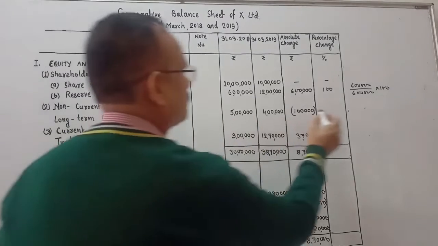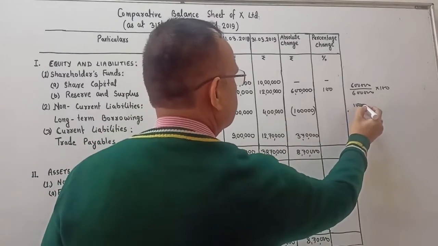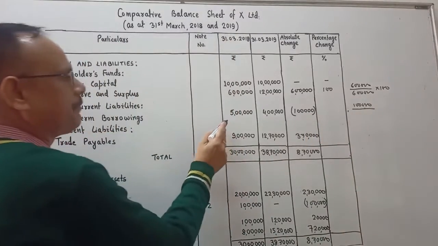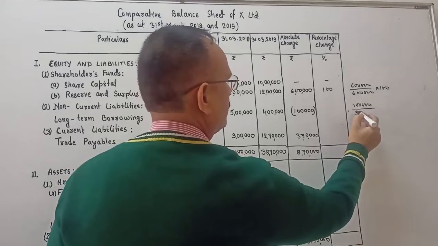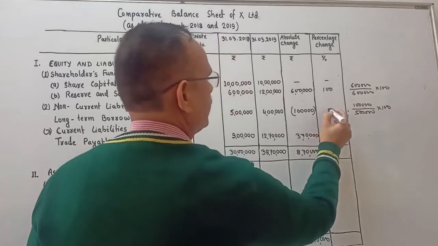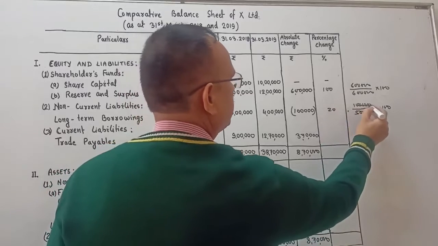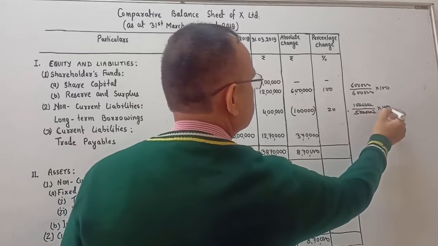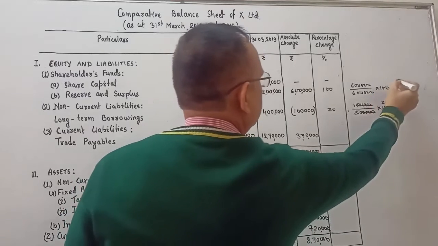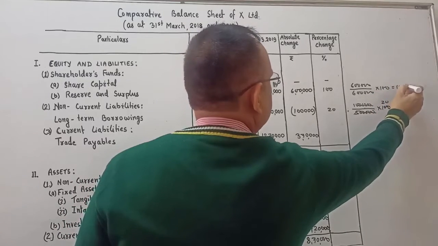Next, 5 lakh is the previous figure and 1 lakh is the absolute change, this upon previous year figure 5 lakhs into 100, so it is 20%. Is it clear?